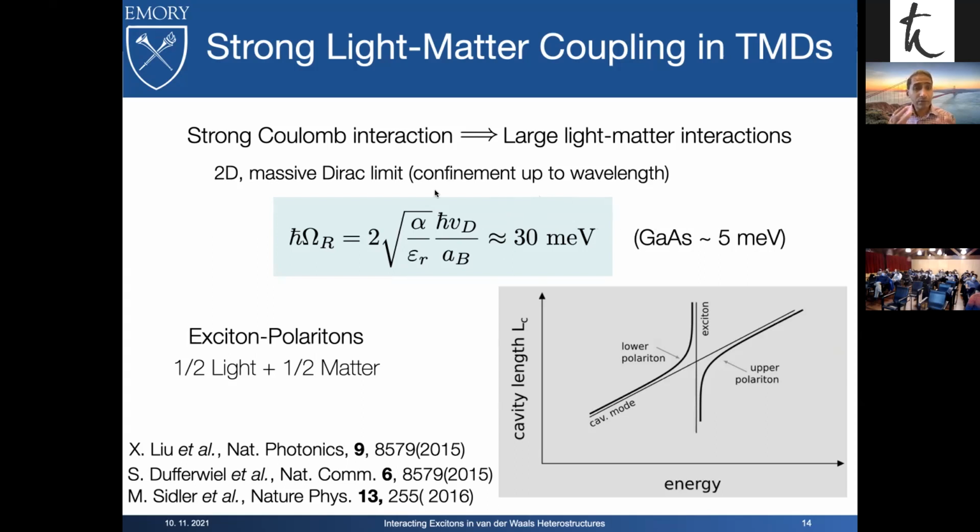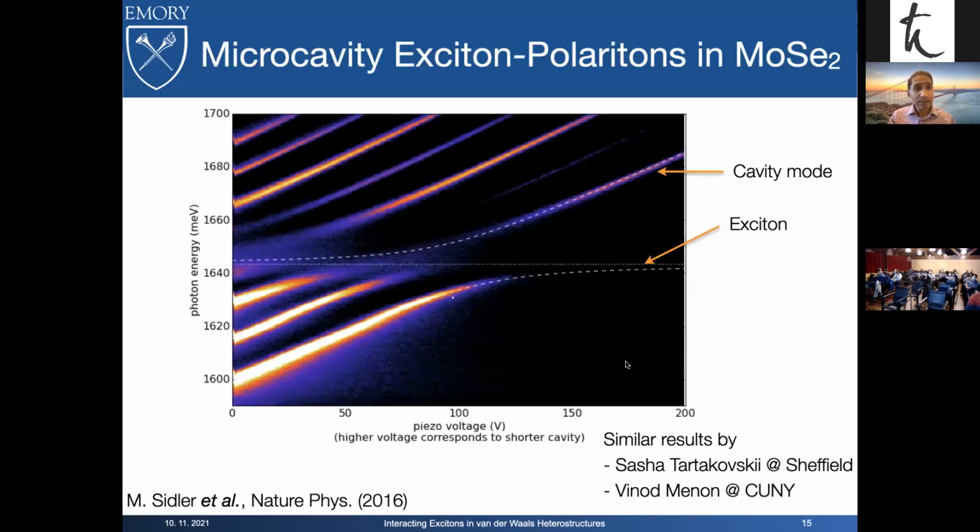Because of this, you expect very strong light-matter coupling leading to exciton polaritons. You can have an exciton and a cavity mode, and they will anti-cross and give you these polaritons. Indeed, that's what we see. This is data taken in Atac Imamoglu's lab at ETH, showing the exciton mode and the different cavity modes, and they anti-cross nicely.